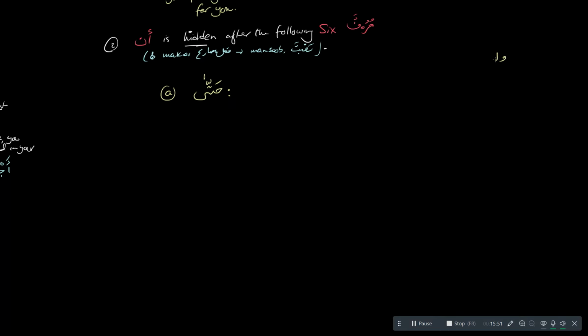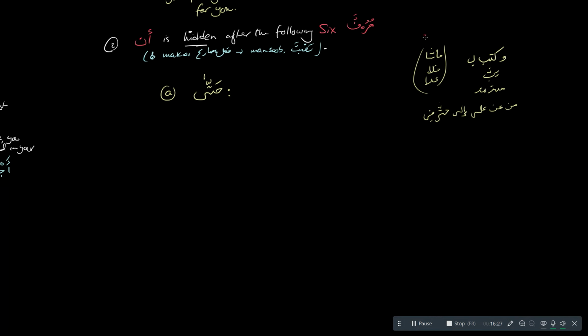Remember, hatta was like a harf jar. Remember: waktub, li, rubba, mundhu, muz, and then min, an, ala, ila, hatta, and then fi, and then there was hasha, khala, and ada.